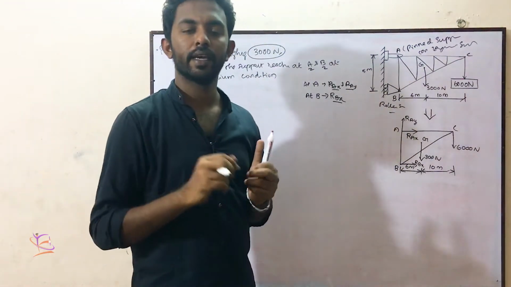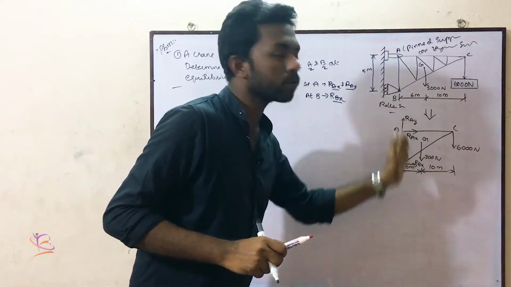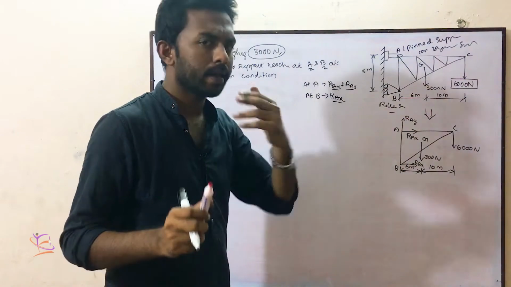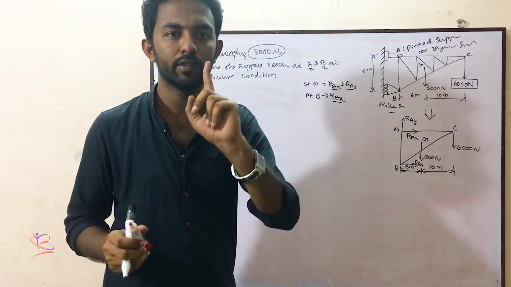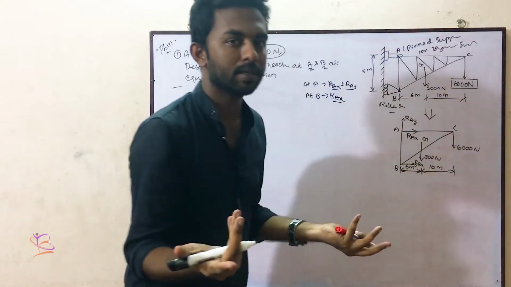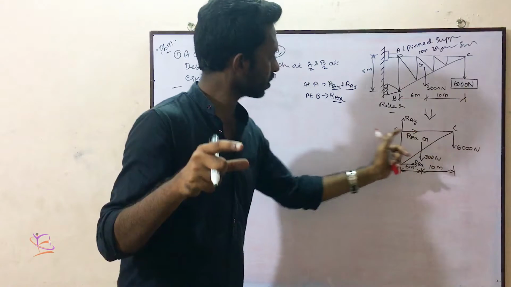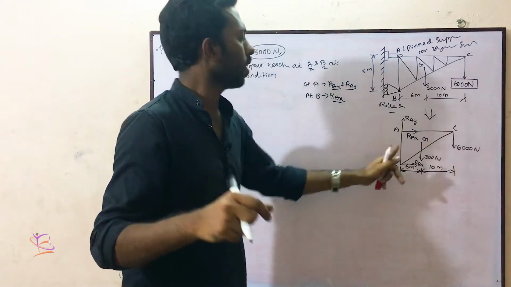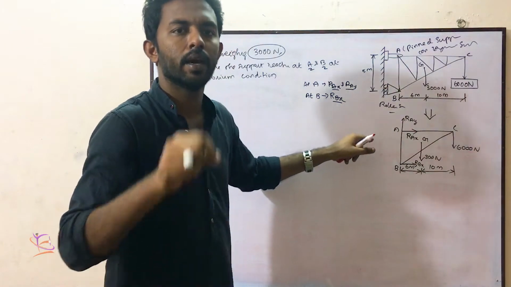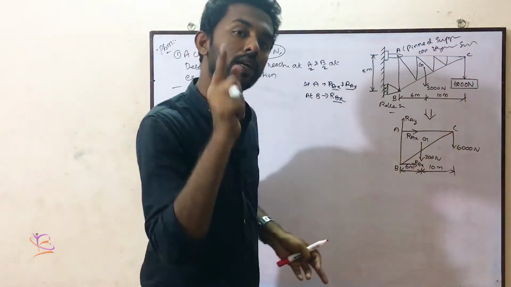After calculating everything, we have already taken all these reactions in the positive directions. X towards positive, Y also towards positive. If you are getting the negative answer means this will be towards the opposite side. If you are taking Rx here and getting the negative answer means Rx will be towards leftward. If you are taking Ry towards upward direction, and you got the negative answer means RAY will be downward. So that we can conclude later.